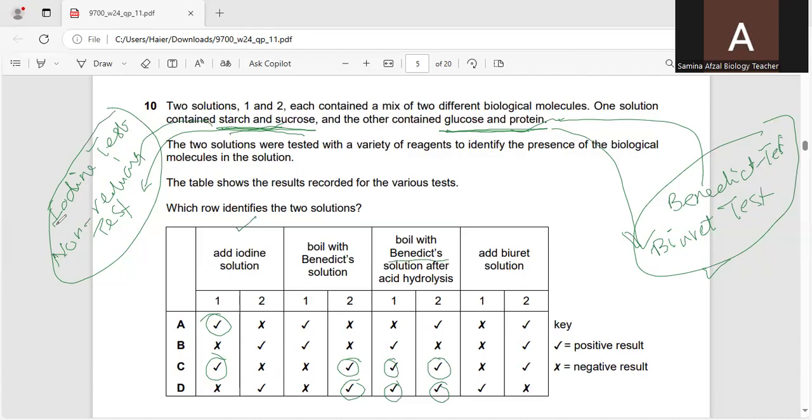Add Biuret solution. Only the protein will give the positive result. So according to this, all these are good. So C is the correct option. A, B, and D are not the correct option. Only C is the correct option.